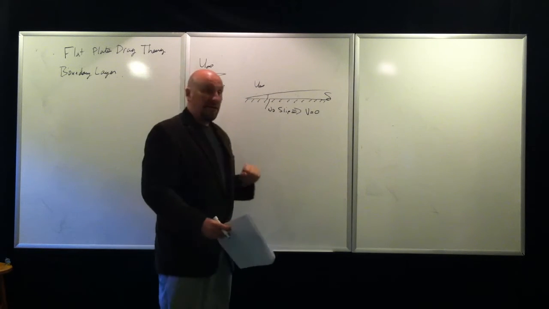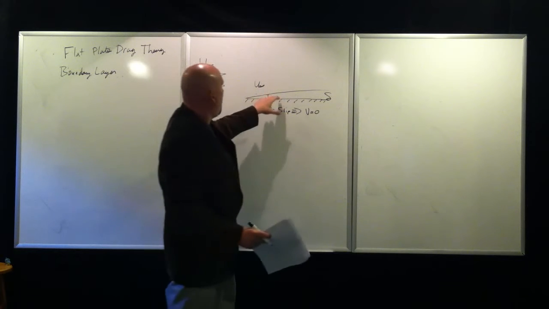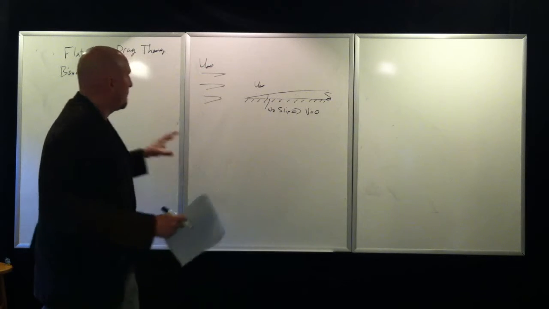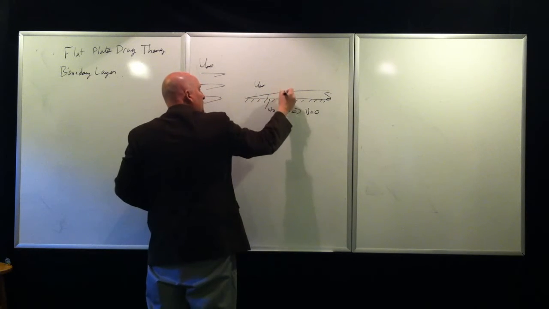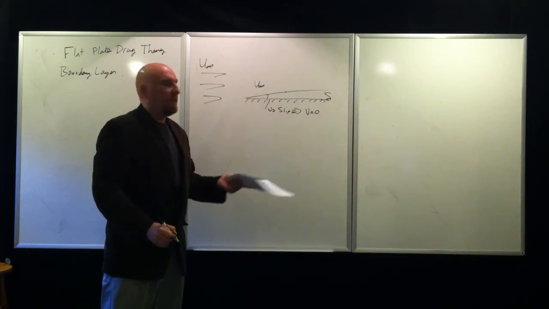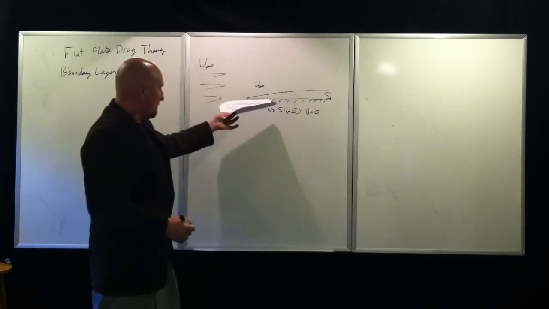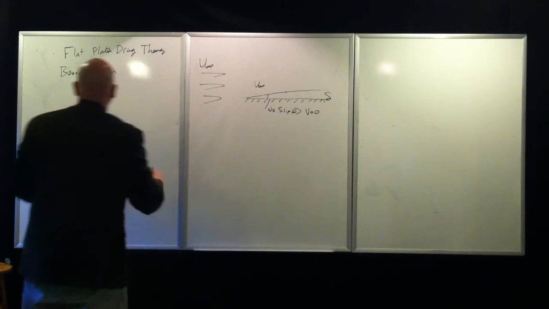Now, depending on different models, you can have a linear variation from V0 to V infinity, parabolic, or other ways to approximate or come up with the exact solution of this boundary layer. But again, the velocity of the fluid in this boundary layer varies from 0 to the top of the boundary layer, where it is going to have essentially the free stream velocity. It's got to vary some way, exponentially, linearly, parabolically, so on and so forth. You can come up with a bunch of different models to scale that. Okay.